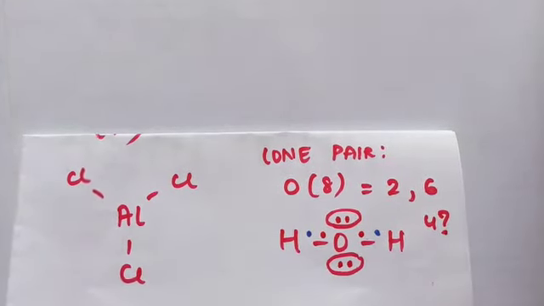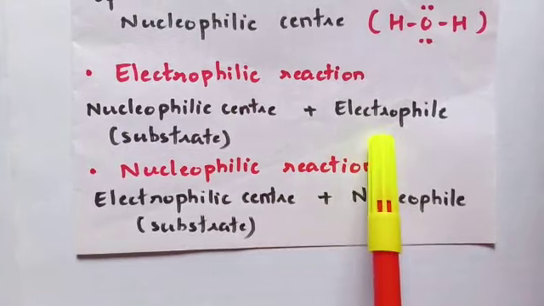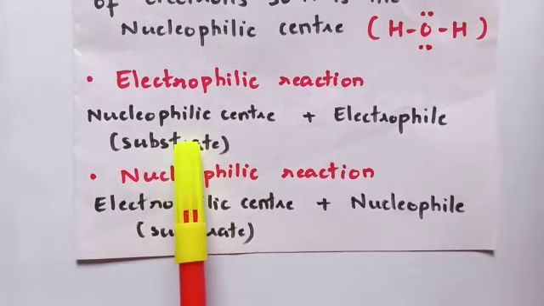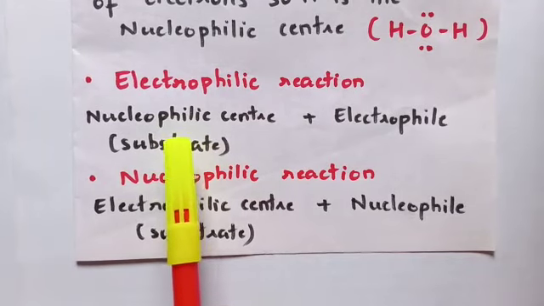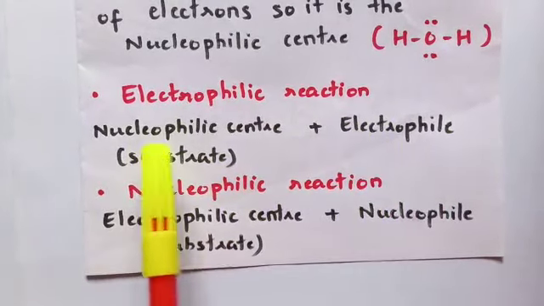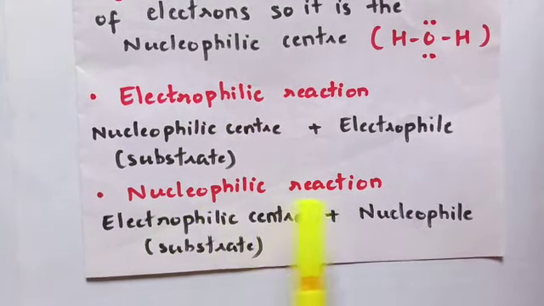Okay students, now we will see what is an electrophilic reaction and what is a nucleophilic reaction. In an electrophilic reaction, our electrophile attacks a nucleophilic center in the substrate. And what is a nucleophilic reaction?